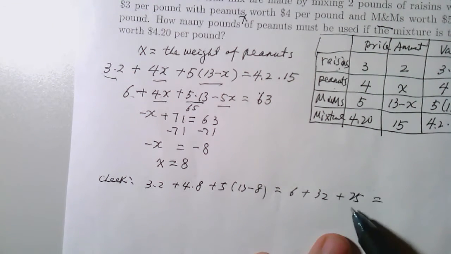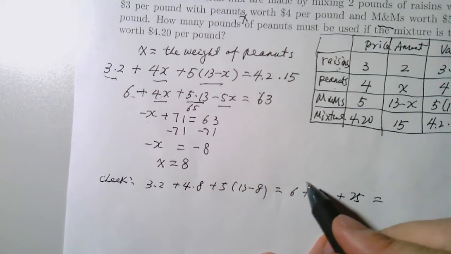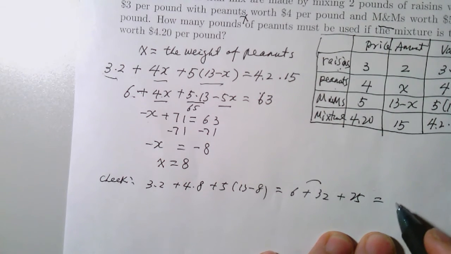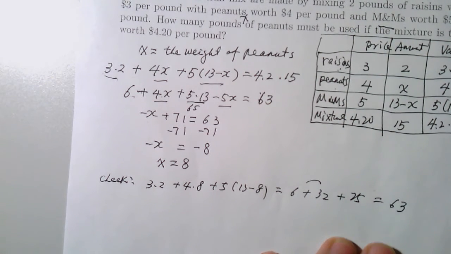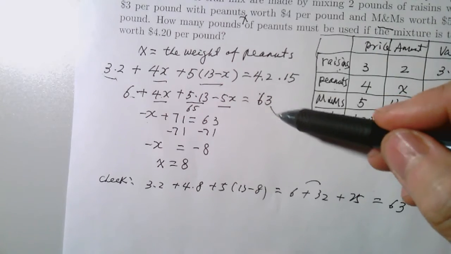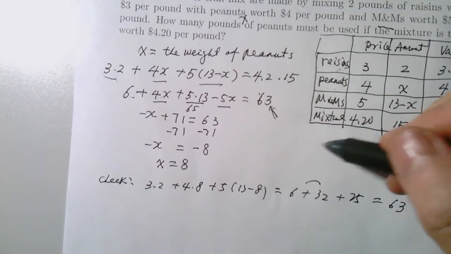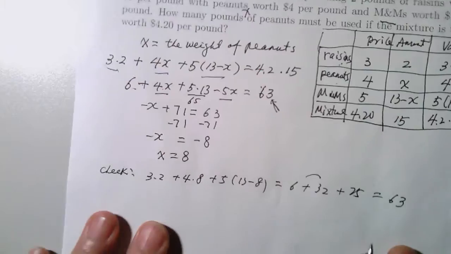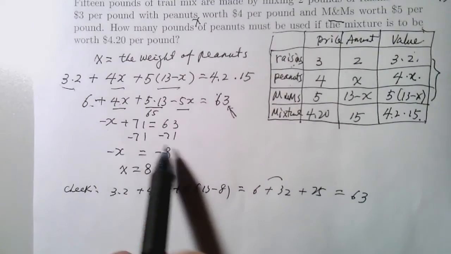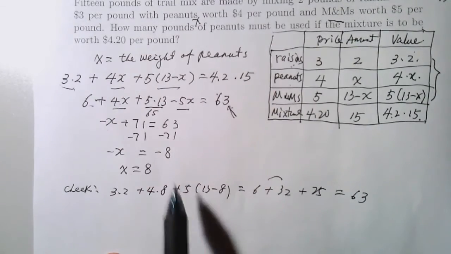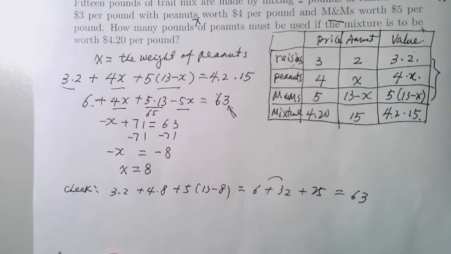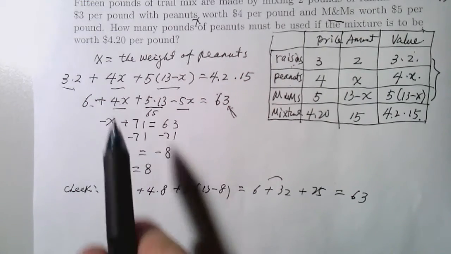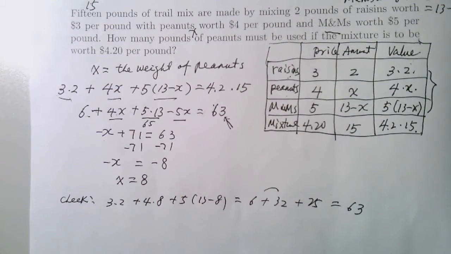And 38 times 25 is 63. And you can see here we already know the right side is 63, so they are equal. So now we know x equals 8 is the solution. Also makes sense, satisfied the problem conditions there.